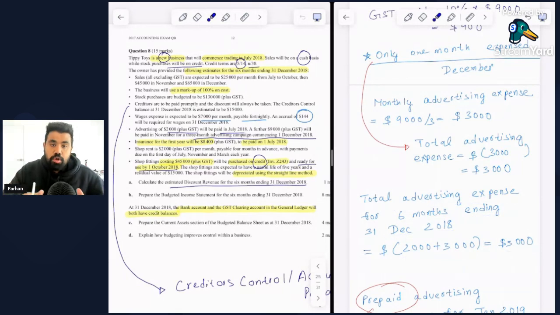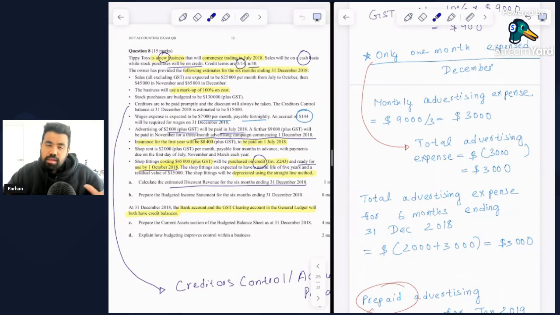We do not include the GST we pay on advertising as part of the expense calculation, because the total advertising expense of $5,000 is what we're going to report in the income statement, but any GST that we pay on advertising goes to the GST clearing account on the debit side, because any GST that we are paying, we can claim against any GST that we're collecting on sales.